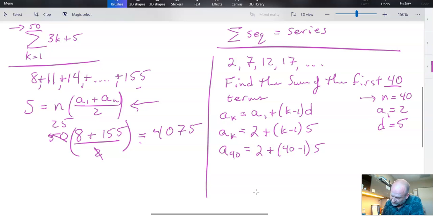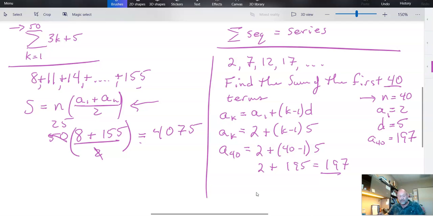And let's see what that is here. Actually, this is the better way to compute it, because 5 times 40 is 200, right? And then distributing the 5 to the negative 1 gives me a 5. So I have 200 minus 5. This is 195 plus 2. Okay, so we have our last term now. a_40 is 197.